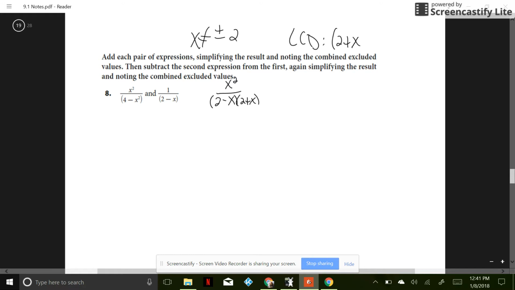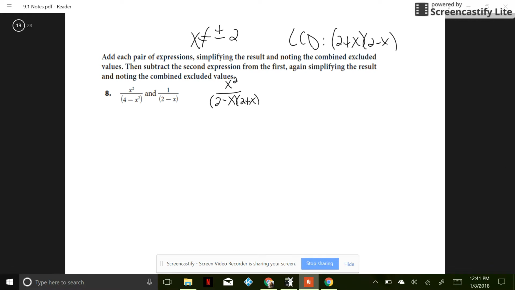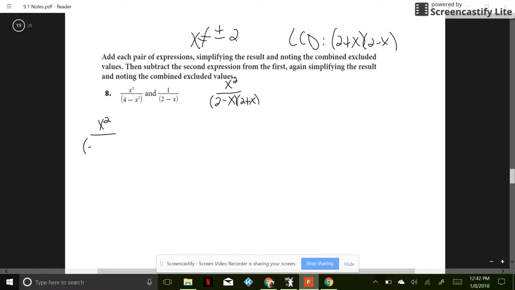So we'll just need to have 2 plus x, 2 minus x as our LCD. So we won't have to do anything extra to the first fraction here, because its denominator is already good. However, the second fraction here, we're missing a 2 plus x in the denominator, so that's what we'll need to multiply by: 2 plus x over 2 plus x.